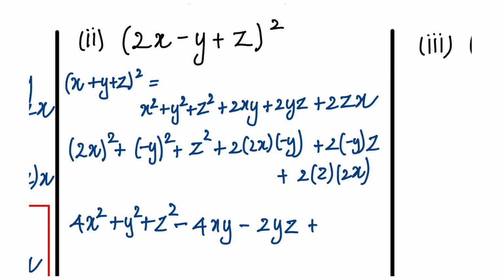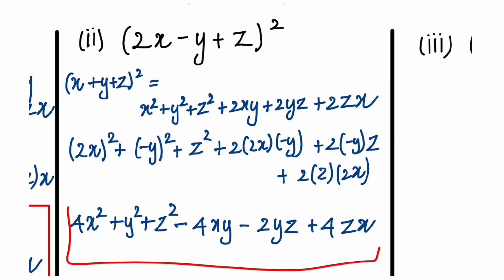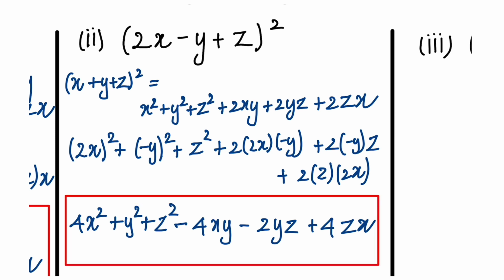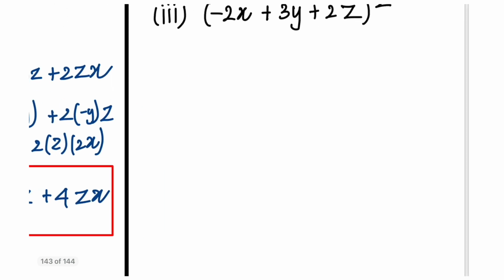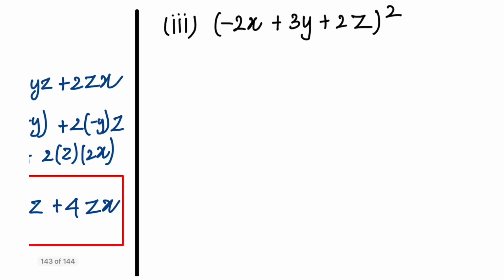So it's 2 times 2 here, that is 4, so 4zx, and that is the expanded form for this polynomial.